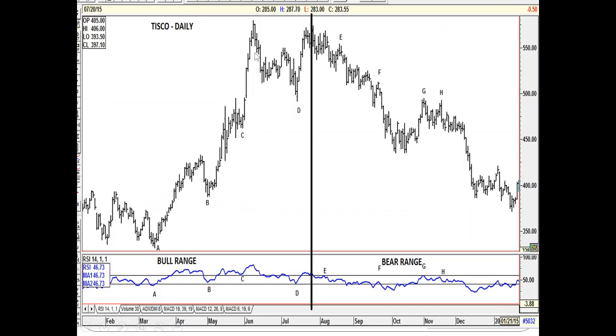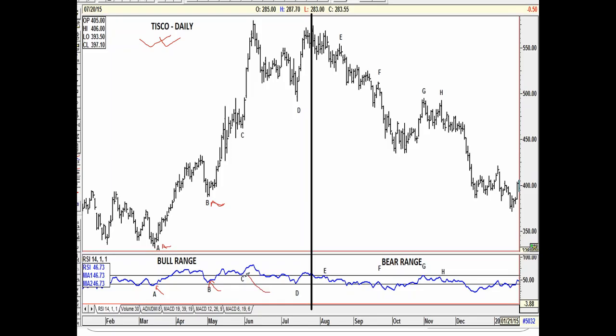Okay, so this is an example of Tisco. On this side you can see it was a bull market, and at A point RSI turns from 40. At B point again RSI turns from 40, does not break 40.